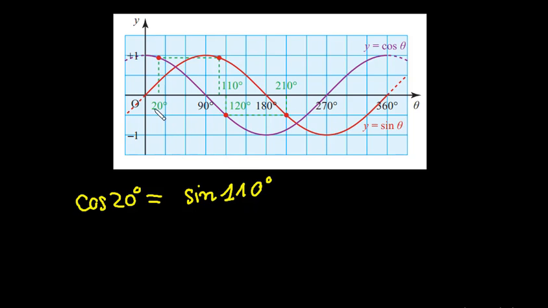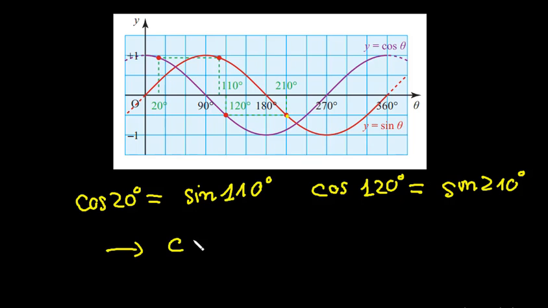And one more, you can see that the cos of 120 degrees equals the sine of 210 degrees. So we have a general rule for that: cos of theta equals sine of theta plus 90 degrees.